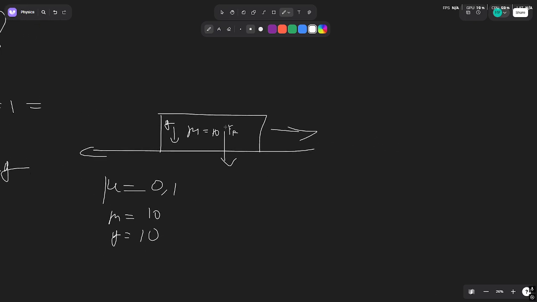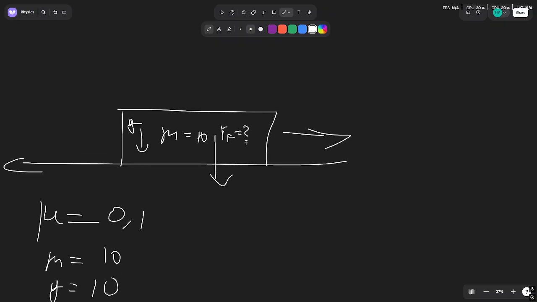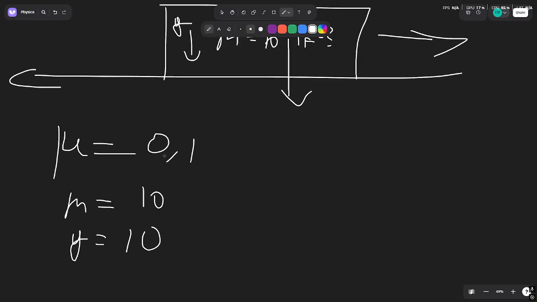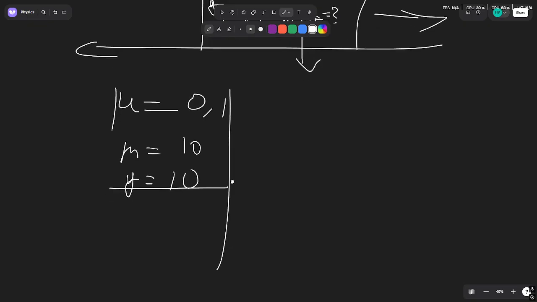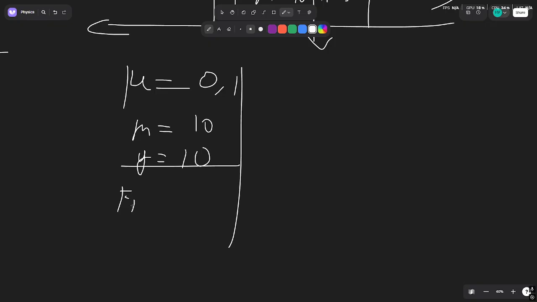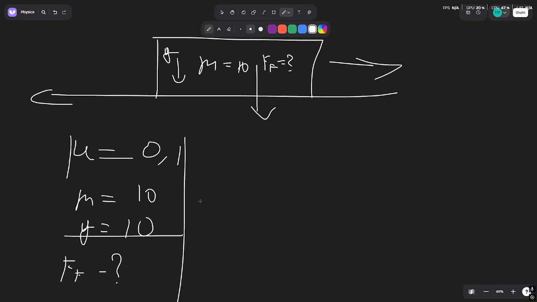So we need to find the friction force. What does it equal? We don't know. So, how can we find it? Yeah, we can find the basic force, mg, 10 times 10, 100.